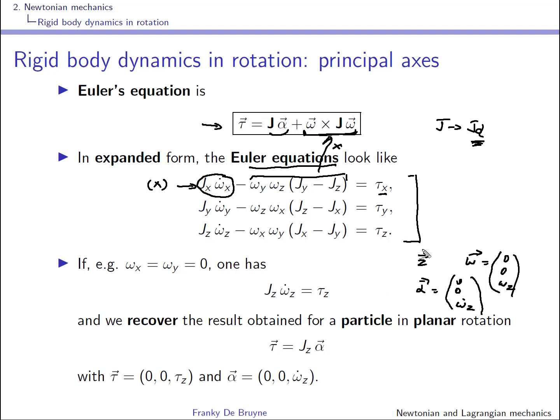So if you inject that in this set of equations, because of the fact that these ones are 0, you get this thing here. Okay, and this is the result that we had found previously for a particle in planar rotation, right? So this is the moment of inertia times the acceleration vector in rotation is equal to the net torque.